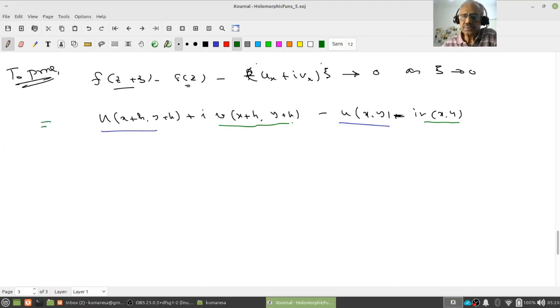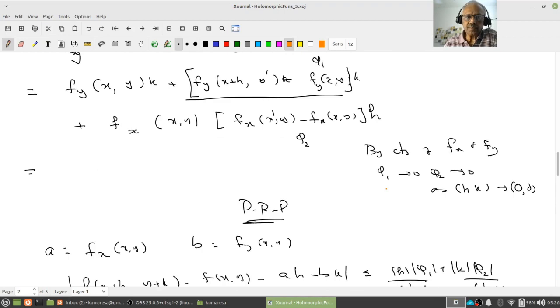So this is equal to ux into h plus uy into k plus phi 1 h and phi 2 k. Just make sure this is what we got in the lemma.